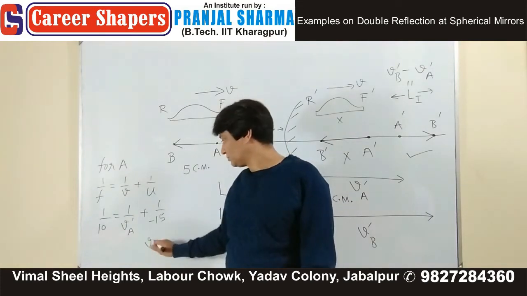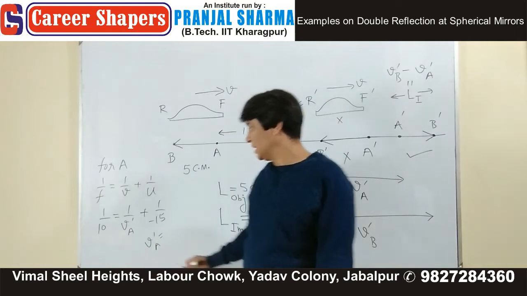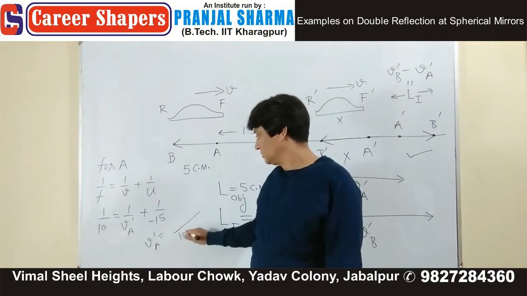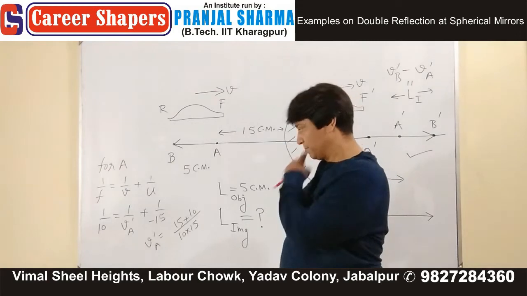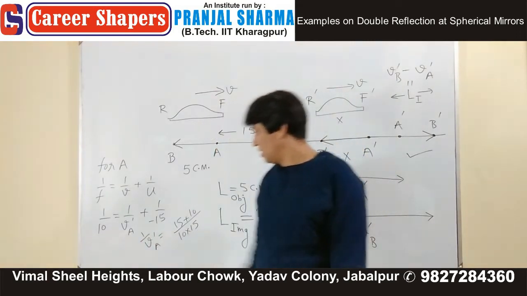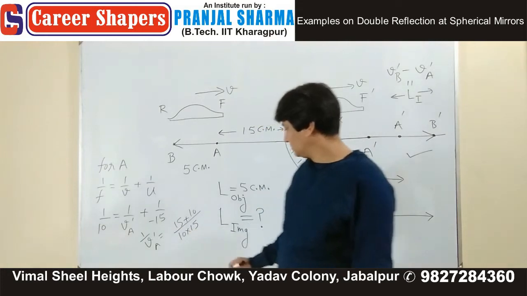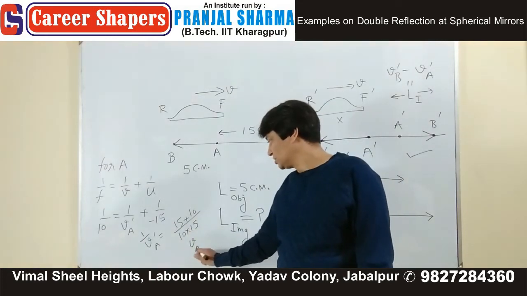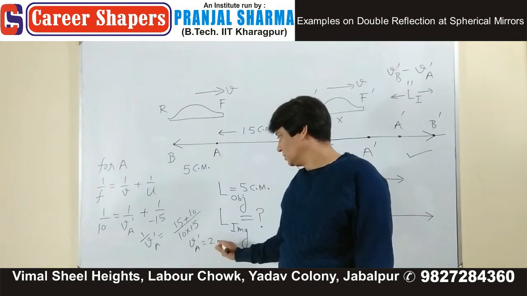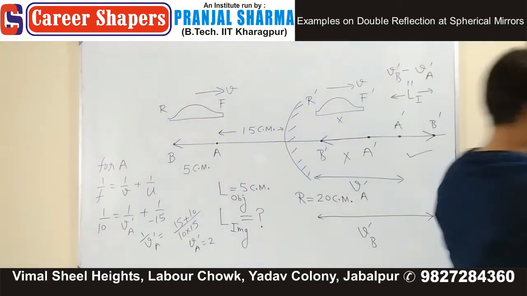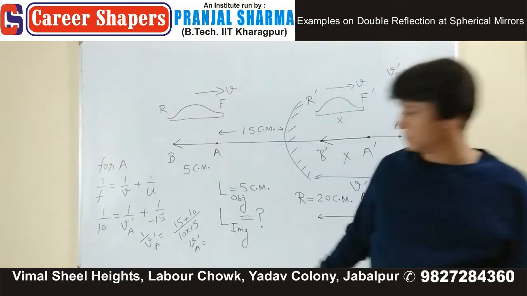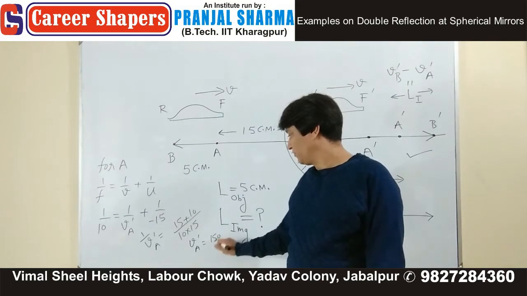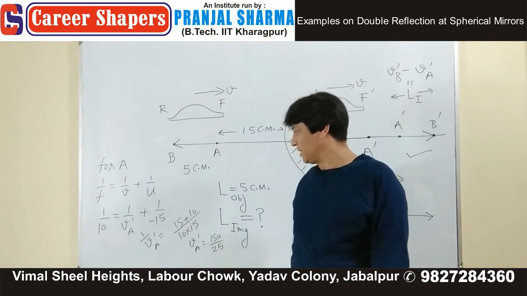This gives us VA dash. Shift LCM and simplify. This is 1 upon VA dash. That is, your VA dash is coming 150 divided by 25.